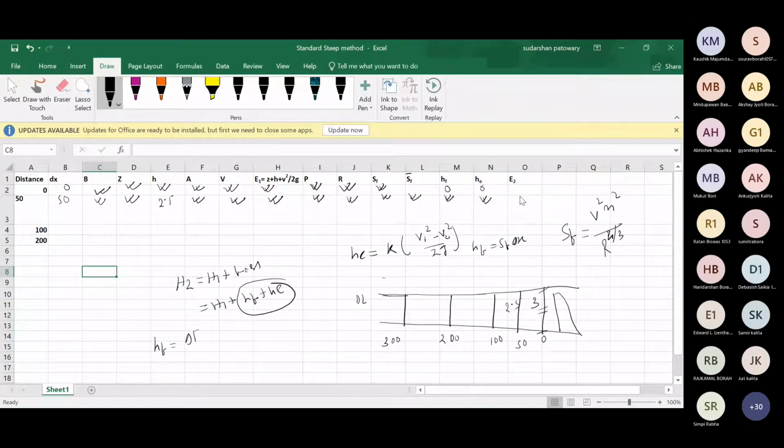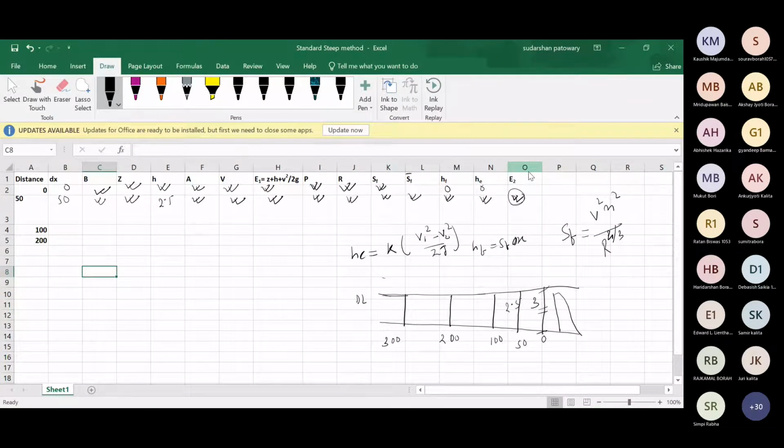So after calculating E2, suppose you are calculating upward.